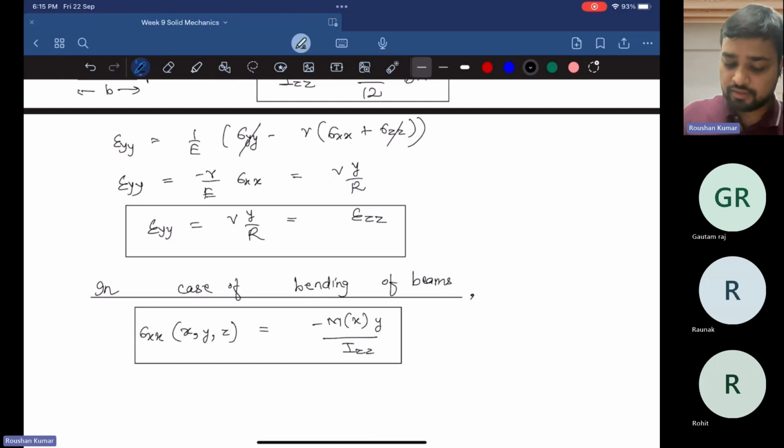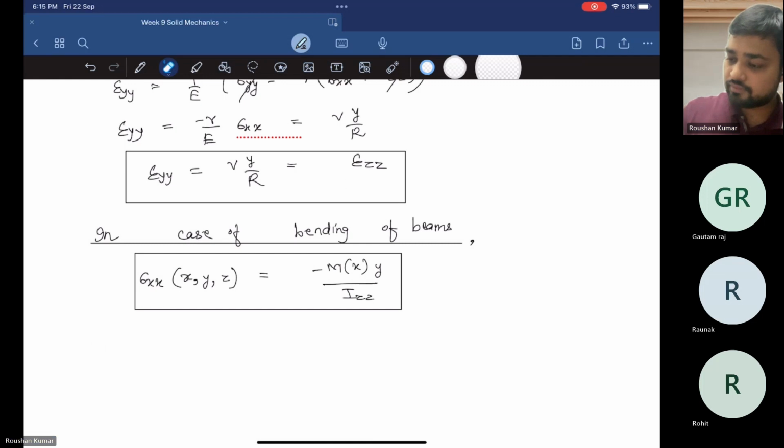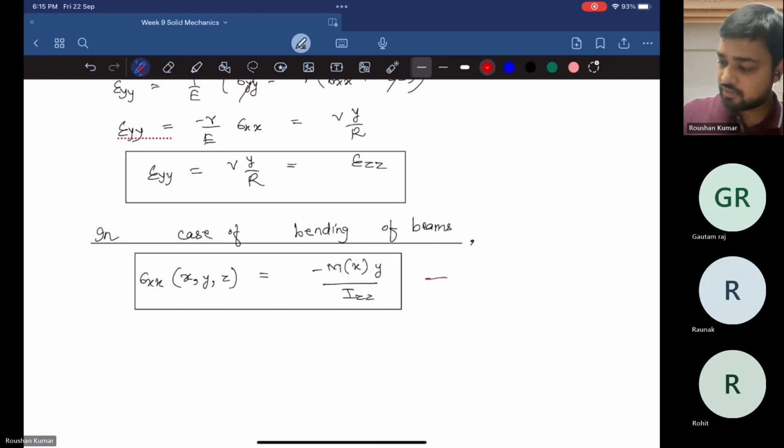So this is the formula for variation of normal stress.